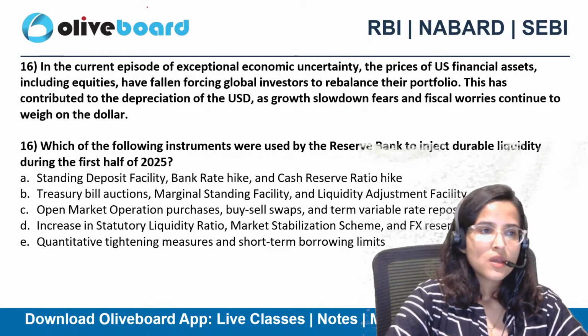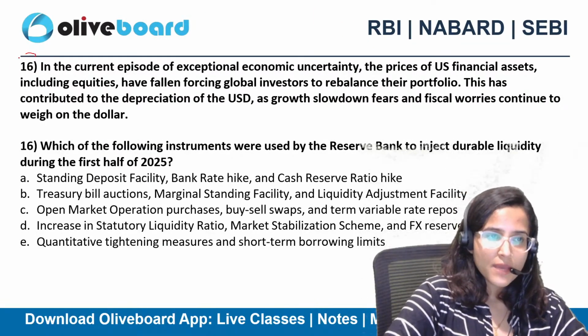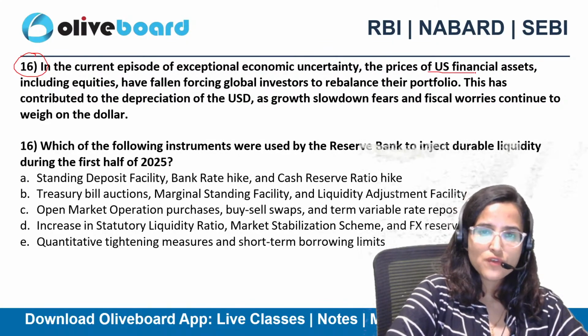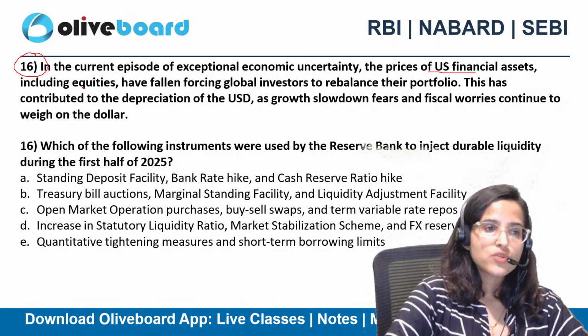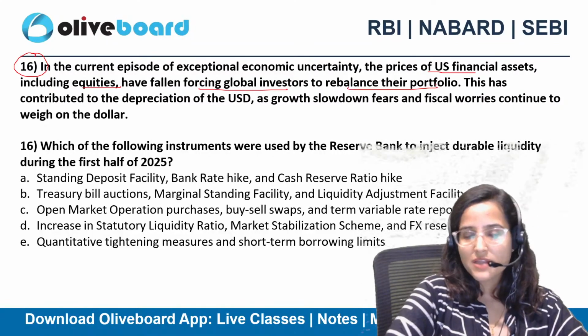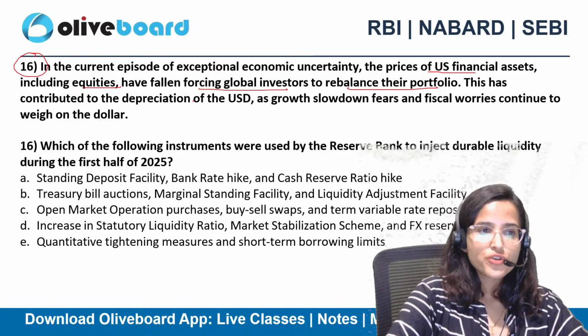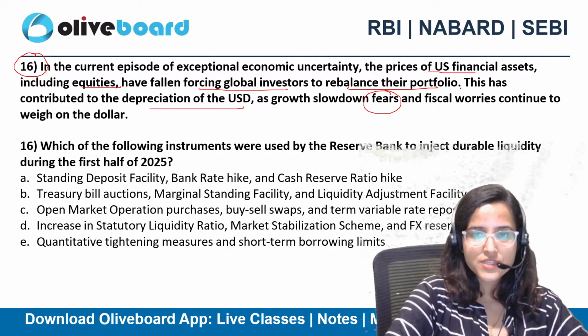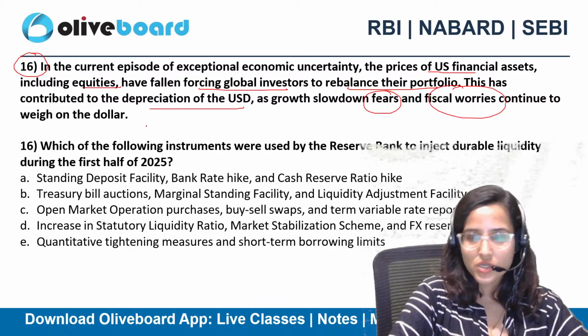Okay. 16th question. In the current episode of exceptional economic uncertainty, the prices of US financial assets, including equities, have fallen, forcing global investors to rebalance their portfolio. This has contributed to the depreciation of the US dollar as growth slowdown fears and fiscal worries continue to weigh on the dollar.